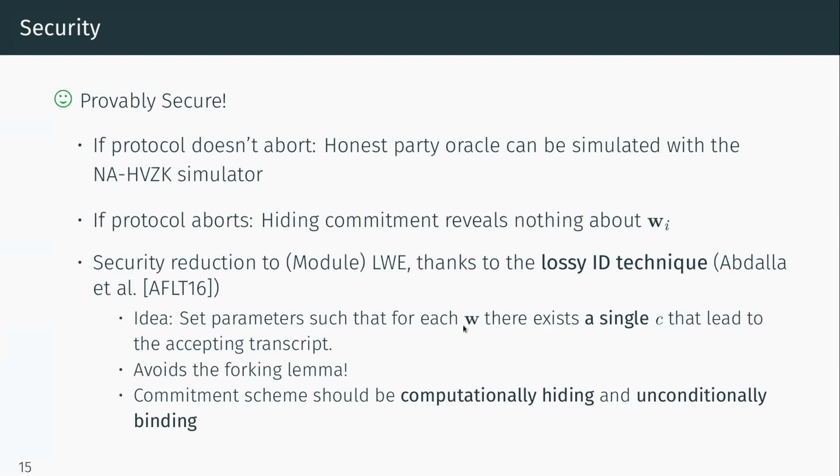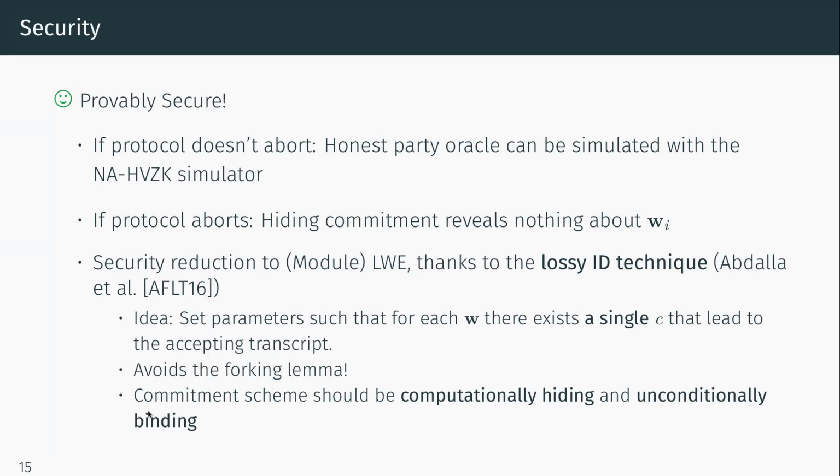In other words, we are setting parameters such that SIS is vacuously hard. So existentially, with high probability, there's no solution for the SIS problem. This way we can avoid the forking lemma, so the security loss is smaller than the one usually given by the forking lemma.